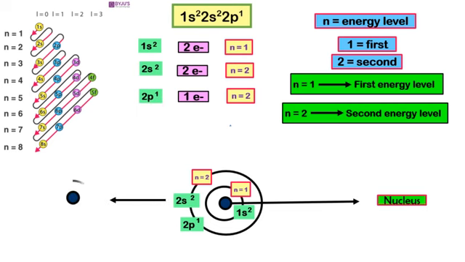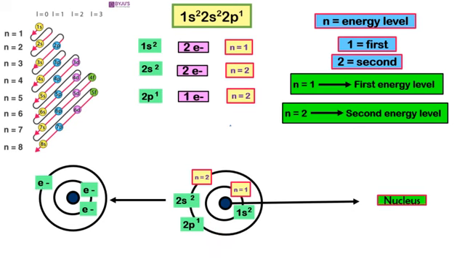Nucleus, first orbit or first energy level, we can find 2 electrons there. 1s2, meaning 2 electrons because of the exponent 2. The second orbit, or n is equal to 2, how many electrons are there? As you can see in the electron configuration, we have 2s2 and 2p1, meaning 2 plus 1.